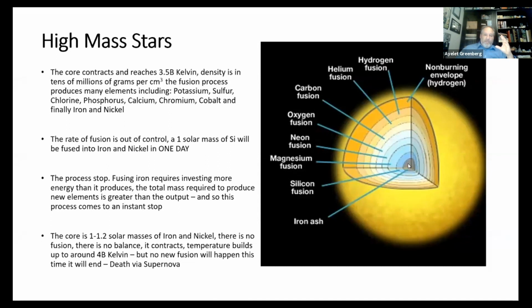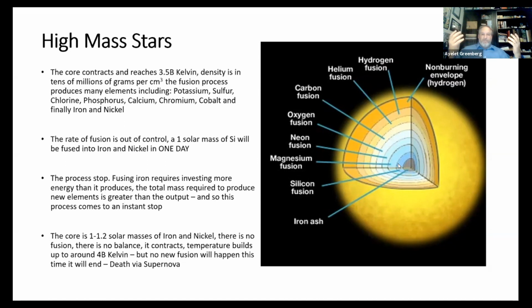And this big core that took a year to create of oxygen fusing into silicon, this one big core will now fuse in one single day to iron and nickel. So we're talking about an object which is about the size, the mass of the sun, fusing in a single day into iron and nickel.